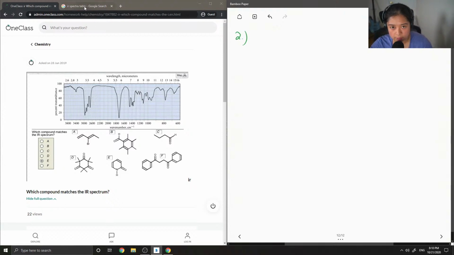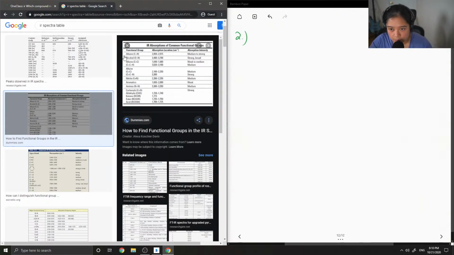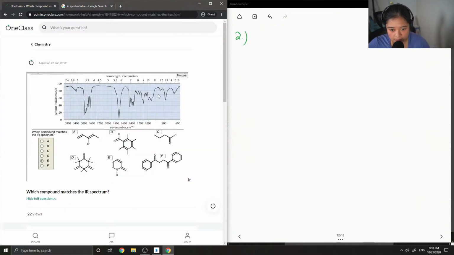So I looked up the different IR absorptions of common functional groups in advance, and this is kind of the example of the different locations of all of these different functional groups. So first I'm just going to look at our spectra.